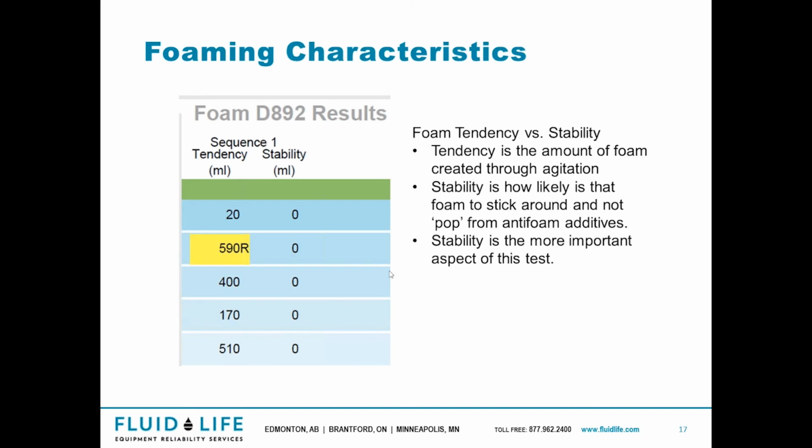And so this is actually an example where there's a lot of tendency. We mix up the oil and aerate it with an air tube, and lots of foam formed on top. But after 10 minutes, none of that foam remained. And so is that a problem?